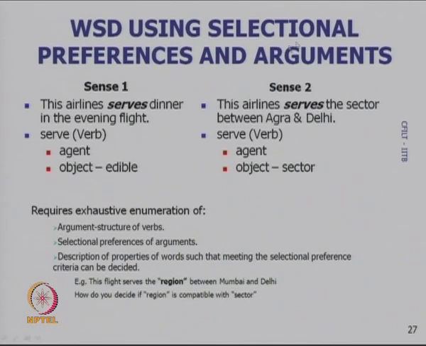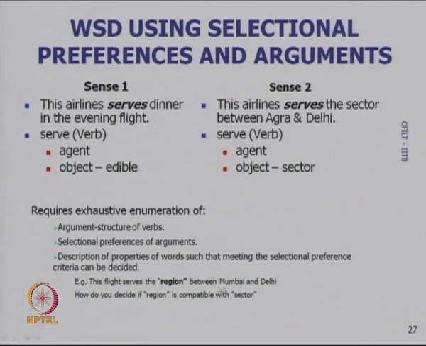Now, this kind of word sense disambiguation is very simple to understand, it is elegant, it is intuitive. However, it requires an exhaustive enumeration of argument structure of verbs, selectional preferences of arguments, description of properties of words, such that meeting the selectional preference criterion can be decided.